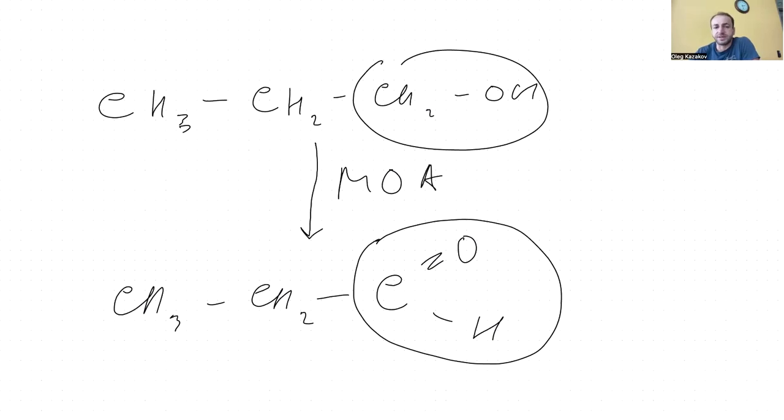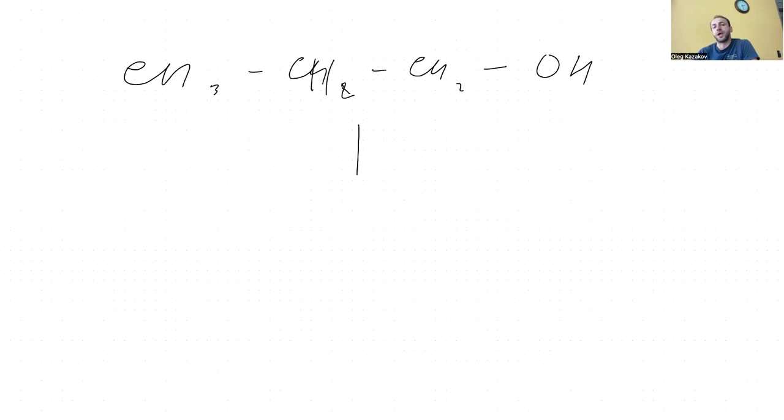Now let's take a look at another example. We still just consider 1-propanol, because why not. So this is our 1-propanol here. Sorry, this is an ugly H. Now the difference is that we apply, this is our reaction arrow, a strong oxidizing agent, SOA.